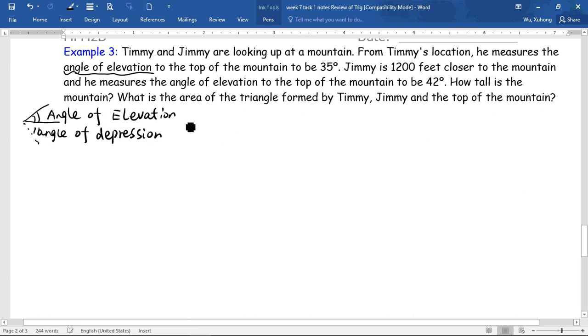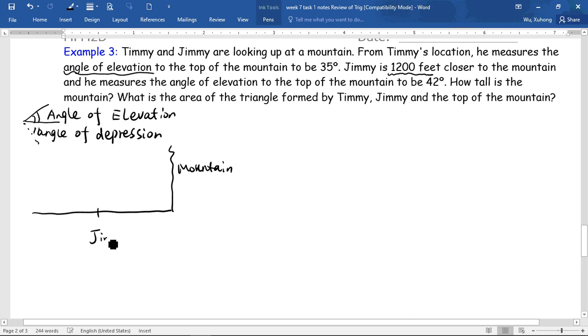The angle to the top of a mountain is 35 degrees, and Jamie is 1,200 feet closer to the mountain. So if here is a mountain, then they are standing on the same side of the mountain.